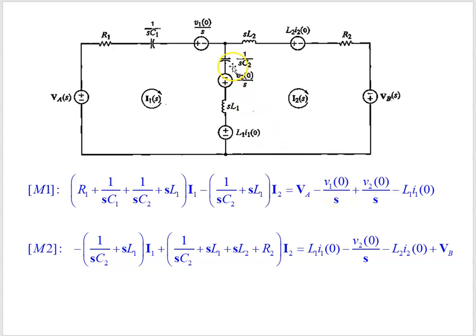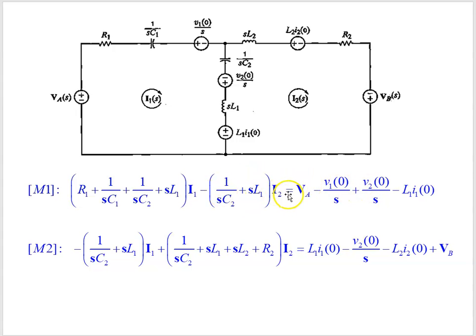Then we have our I1 again times 1 over SC2. We went into the negative voltage reference here, so when we pull it to the other side of the equation, it becomes positive. Then we have SL1 times I1. Again, we went into the positive reference, so it becomes negative L1 I1 on the other side of the equation. So we did this all in one step.